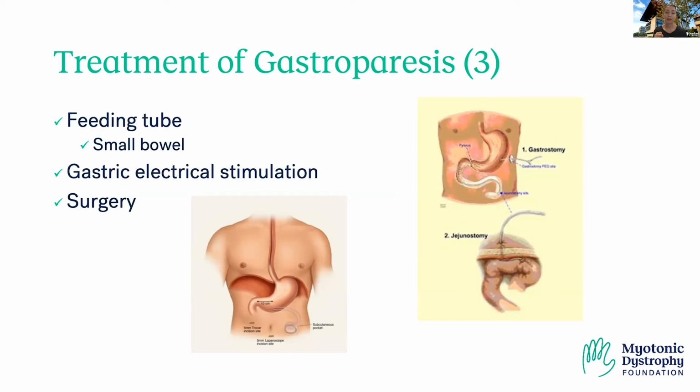They enhance the contractility of the stomach and improve emptying. It has shown some benefit in patients who have gastroparesis. And finally, we can also think about doing surgery cutting the outlet of the stomach to make the flow easier by having no resistance at the end of the stomach.